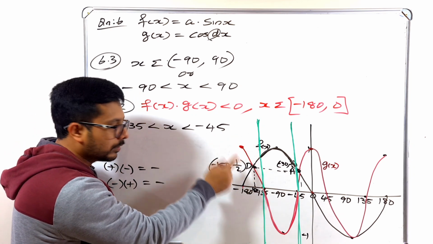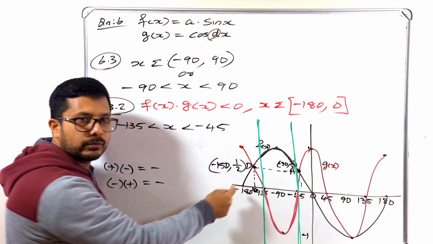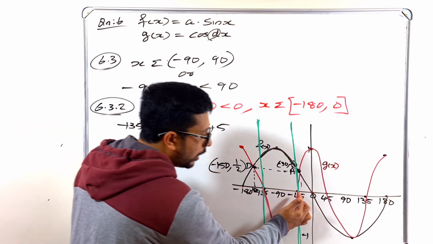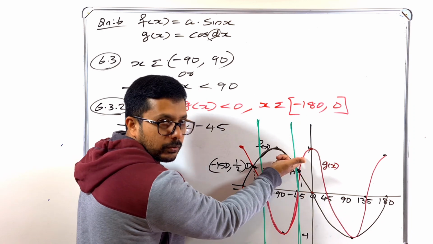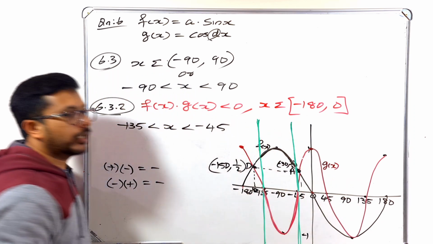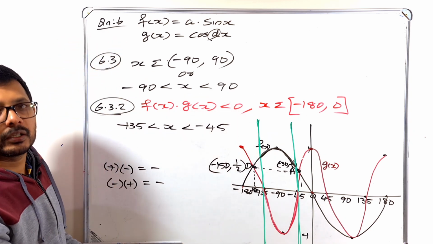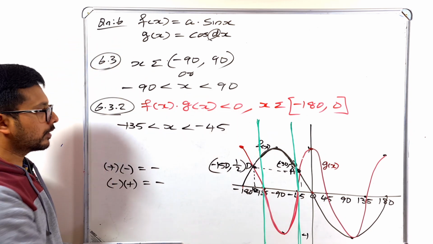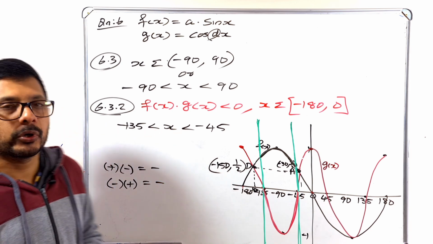The red one is above the x-axis, that means positive. What happened between minus 45 and 0? Positive. So only between minus 135 and minus 45, one is above the x-axis and the other one is below the x-axis. So that's the answer. That is question number 6.3.2.